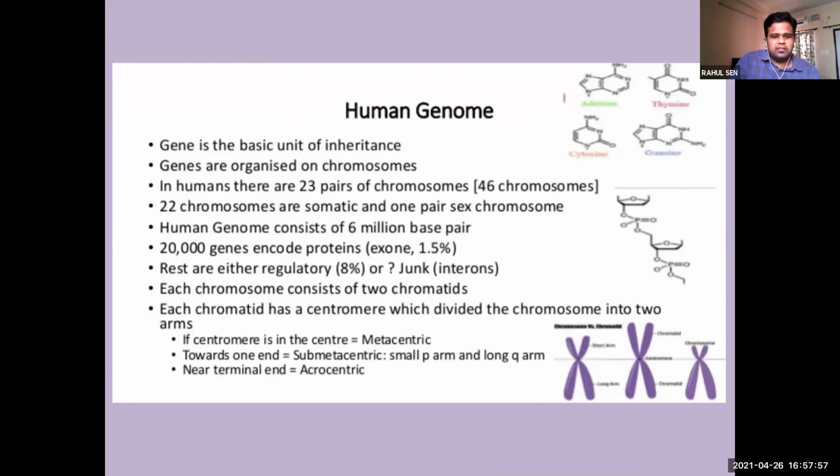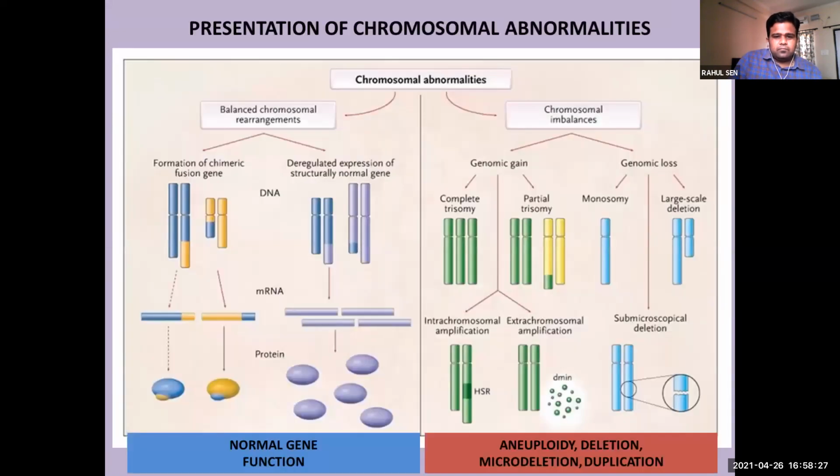The human genome is basically comprised of genes, which are the basic unit of inheritance. Genes are organized on chromosomes, and in humans there are 22 pairs of somatic autosomal chromosomes and 1 pair of sex chromosomes. Out of 6 million base pairs, only 20,000 genes are available to encode protein. The rest is either regulatory or junk. So back to the basics.